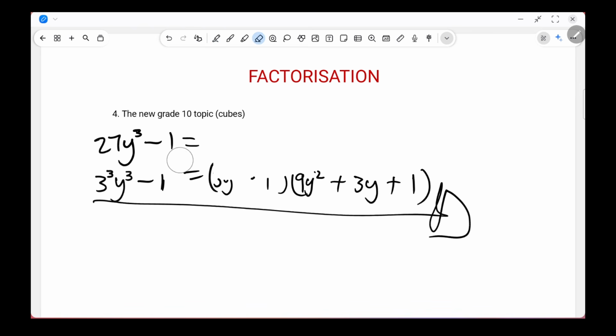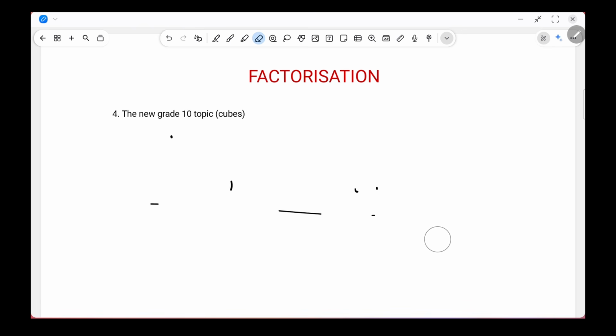Another last example. Let's say we have 2x cubed plus 16. Here be careful, 2 is not a cube number, 16 is not a cube number. Remember the golden rule: factor out the common factors first.